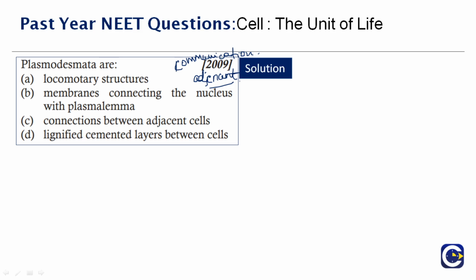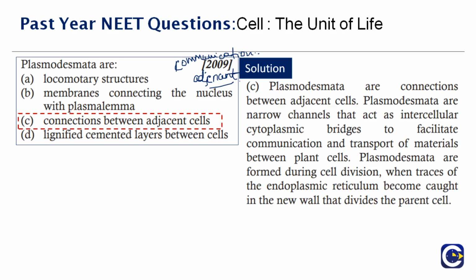So what do they transport here? They transport materials, and this plasmodesmata is very active in plant cells when compared to eukaryotes. Plasmodesmata are formed during cell divisions, and what happens after that? If you see, in trace amount you will find them in the endoplasmic reticulum. Okay, the correct answer goes to option C. They are the connections between the adjacent cells.